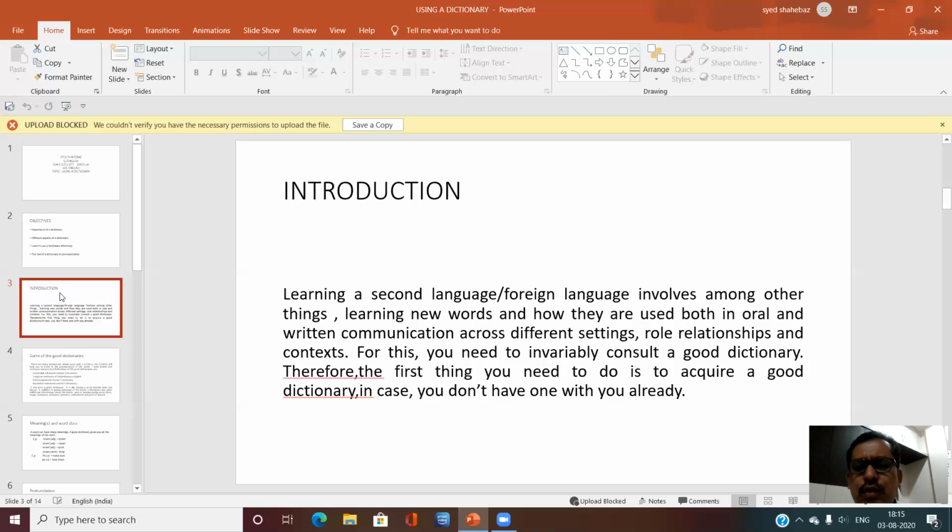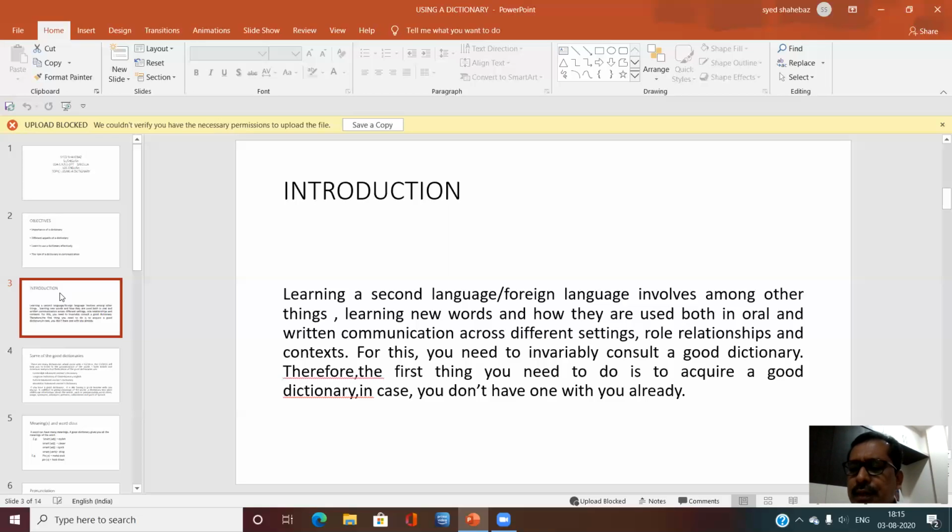For this, you need to invariably consult a good dictionary. A good dictionary empowers you with the vocabulary needed to face these different settings, role relationships, and contexts.